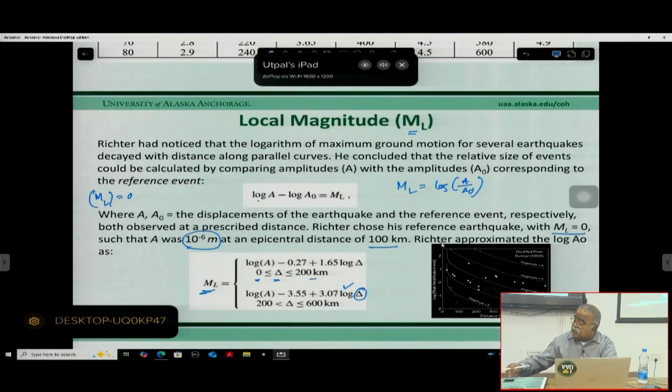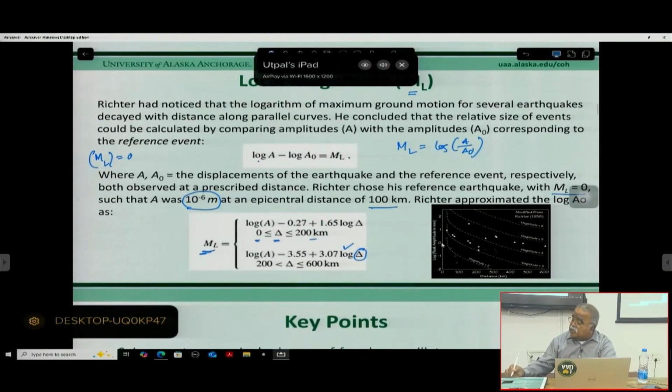And this is the scale, this is the actual observation he has made with different earthquakes. This is your magnitude 2 earthquake, magnitude 3 earthquake, how it decreases with the distance. All the amplitudes decrease with distance. He plotted these values this way.